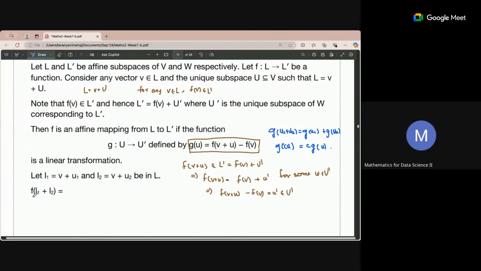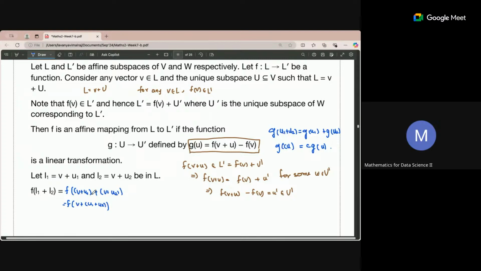Now you have f of L1 plus L2. What is L1? L1 is V plus U1, and L2 is V plus U2. So what is the sum of these two elements? It is f of V plus U1 plus V plus U2.